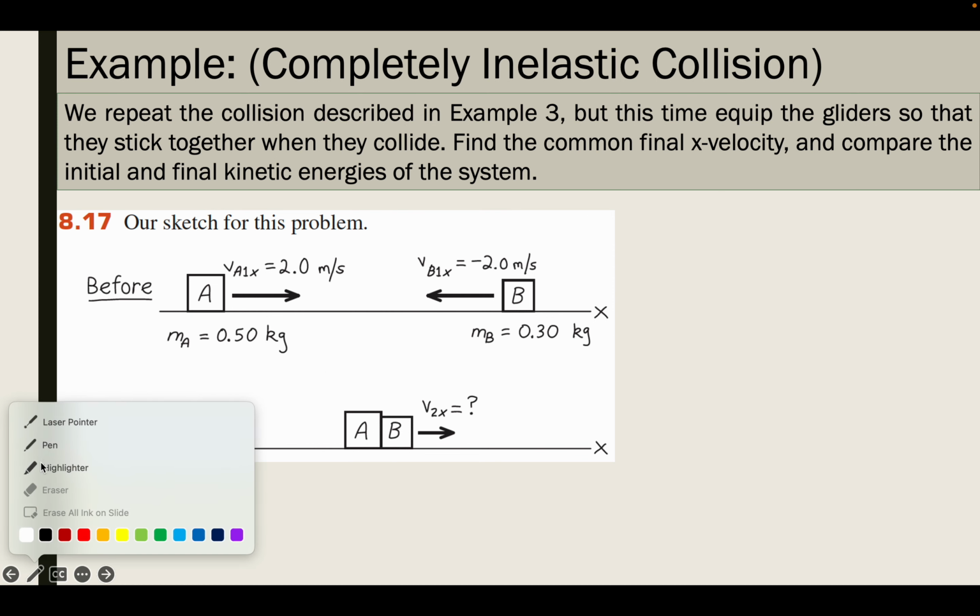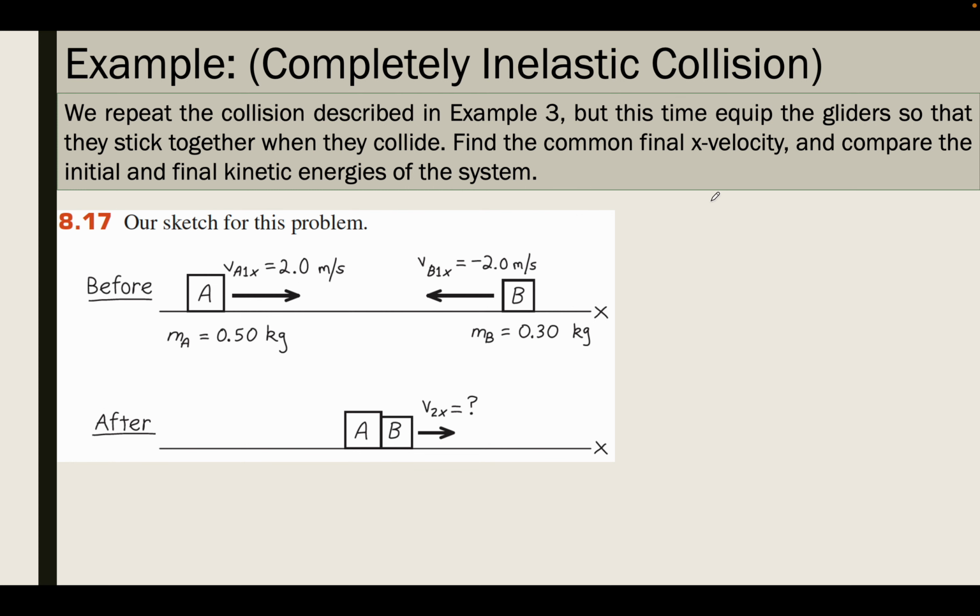Okay, so for the kinetic energy before the collision, or again the initial kinetic energy. The kinetic energy for glider A, we have 1/2 m sub A times VA1x squared.